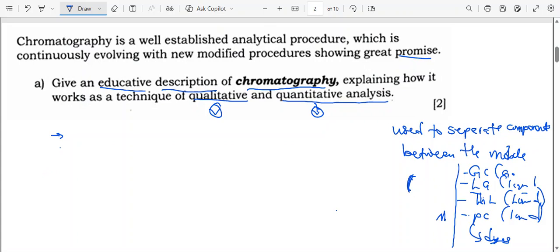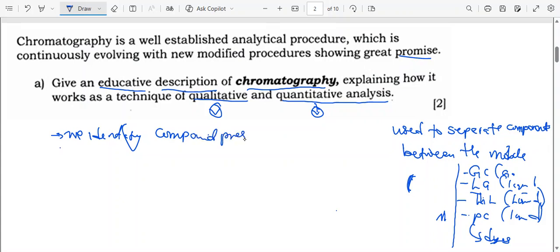Okay, so qualitative will be when this procedure is done and we identify what compounds are present. So we identify compounds present, and that is what we call qualitative.